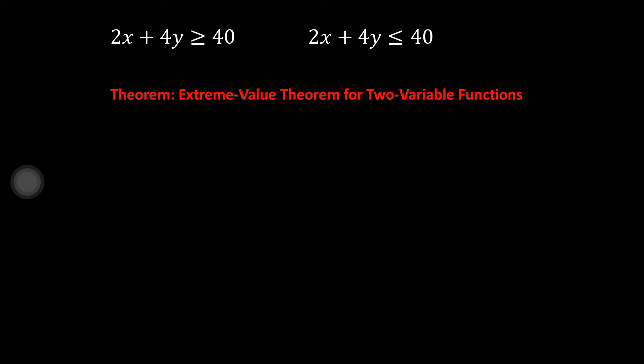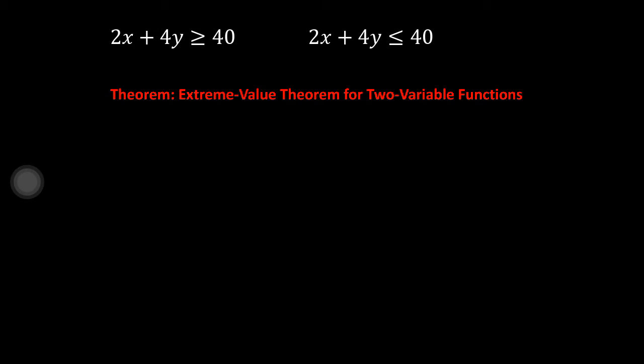So total, yung given is two variable function. Gagamitin natin yung extreme value theorem for two variable functions, kung saan if f of x and y is continuous for all x and y within a region of feasibility, guaranteed na siya na to have both an absolute maximum value and absolute minimum value.